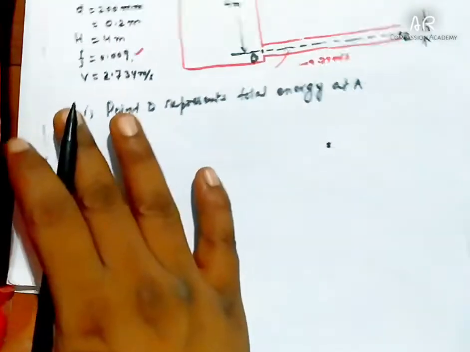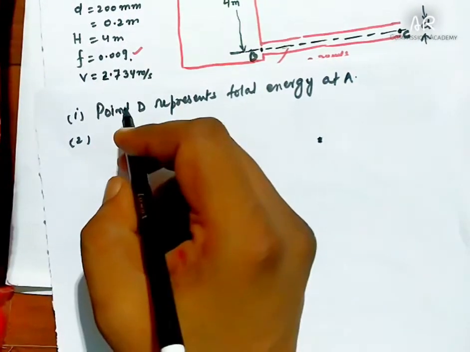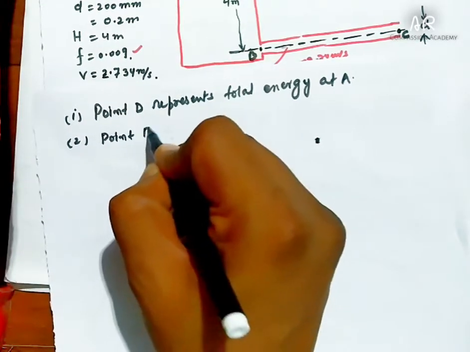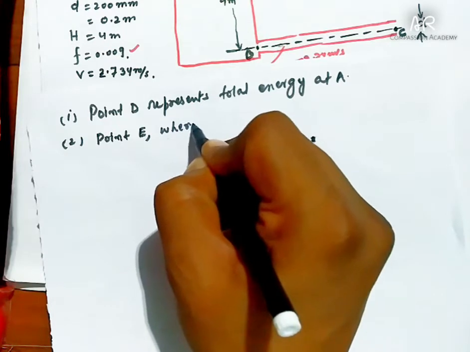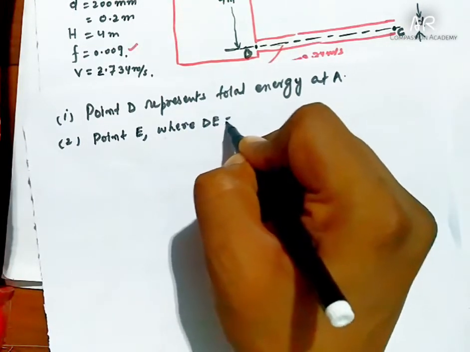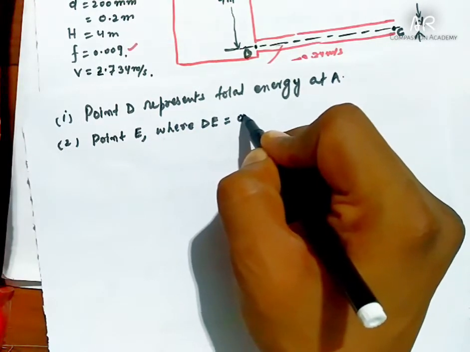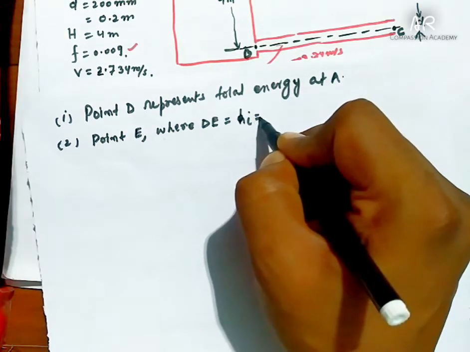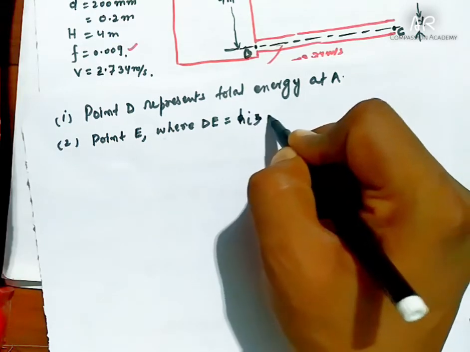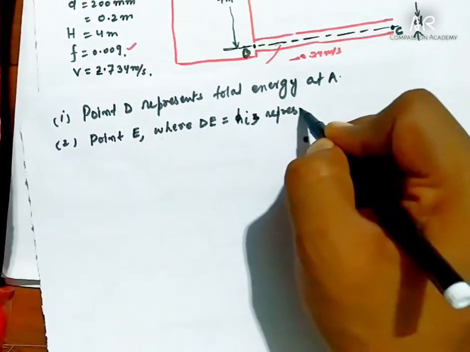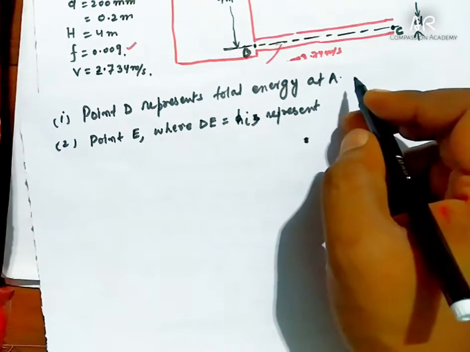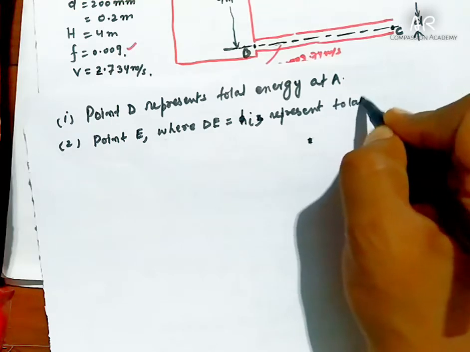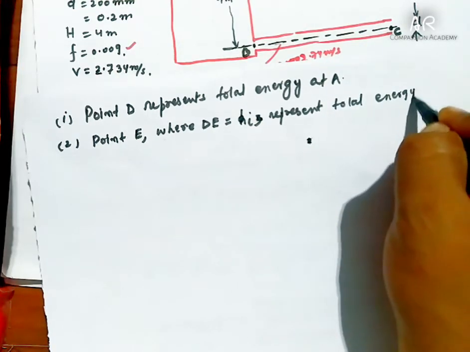Now, second, point E, where DE is equal to HI, represents total energy at the inlet of the pipe.